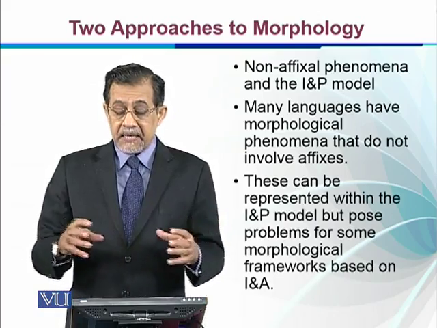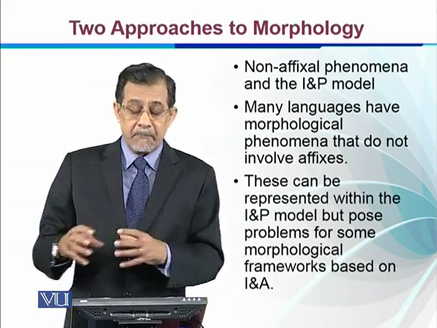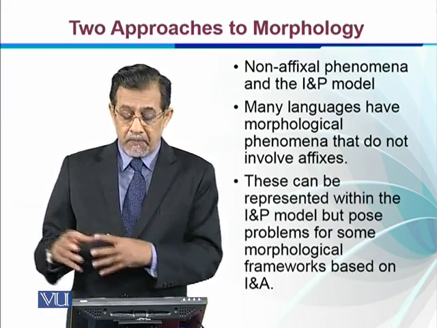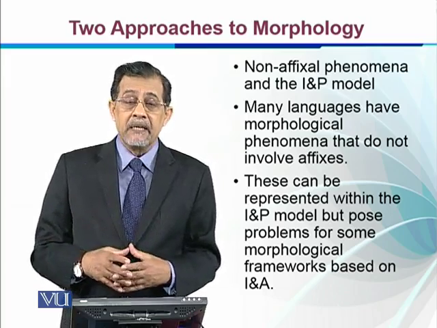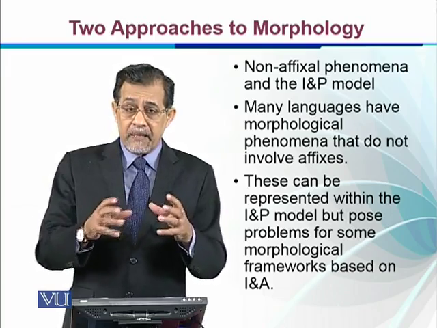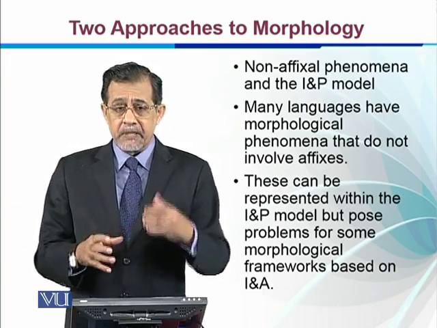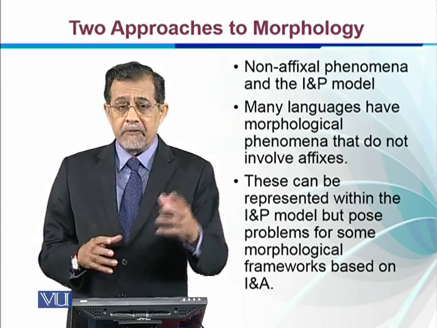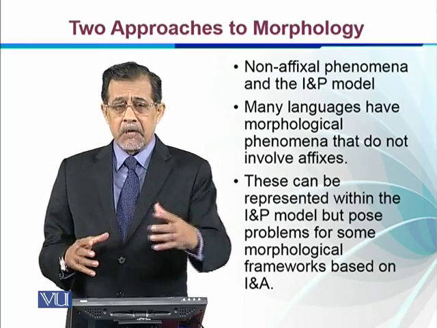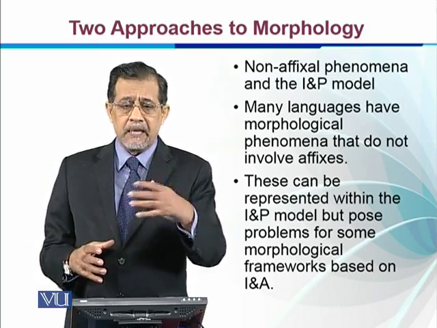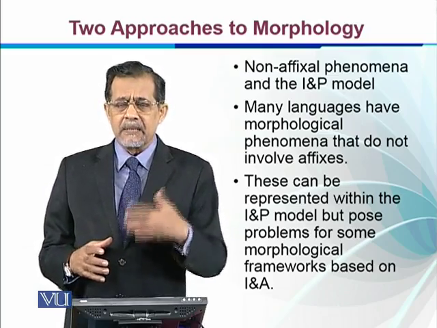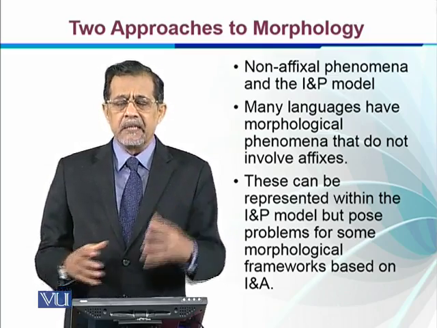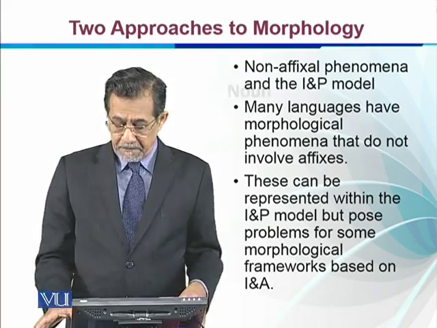These can be represented within the item and process model, but pose problems for some morphological frameworks based on item and arrangement. So here a little difference comes in: with non-affixal phenomena, the item and process model can help us in analysis, but item and arrangement has some problems in explaining things in that way.